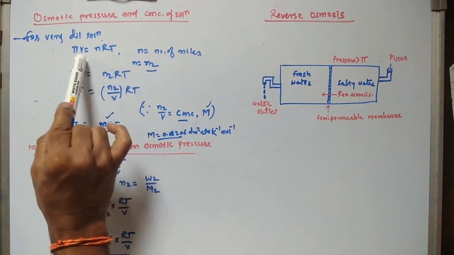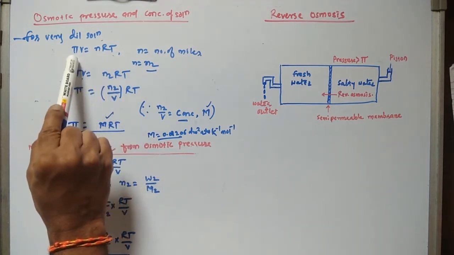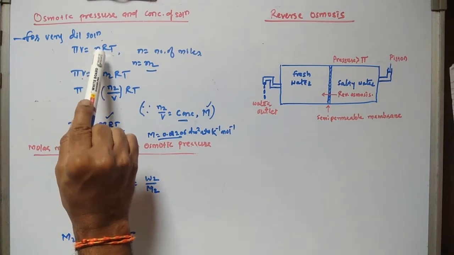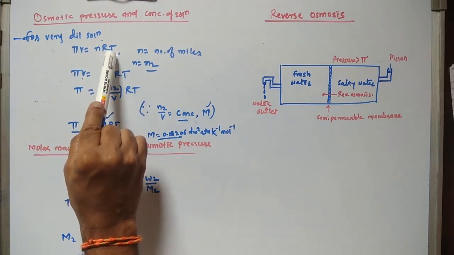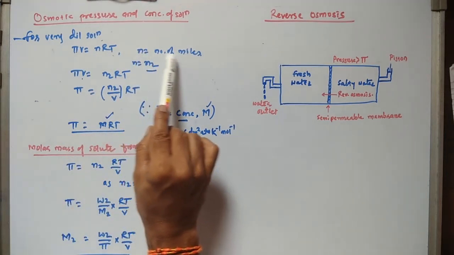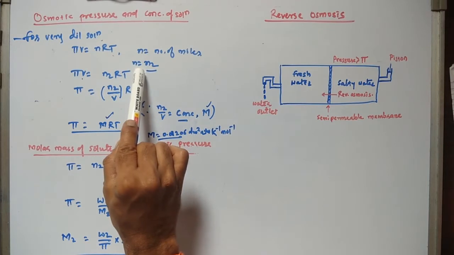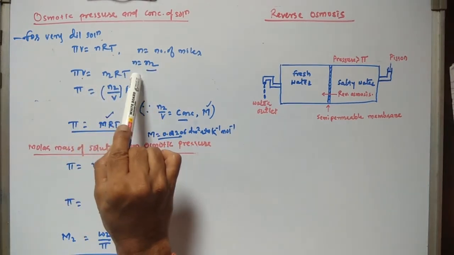This is the ideal equation, where pi is the osmotic pressure, V is the volume of the solution, n is the number of moles, R is the gas constant, and T is the temperature. Here the number of moles is of the solute, so n is replaced by n2. So pi V is equal to n2 RT.